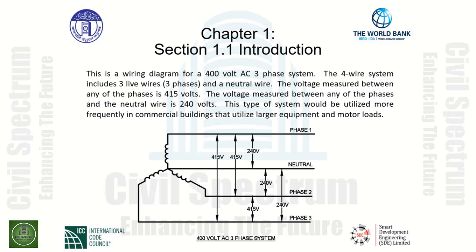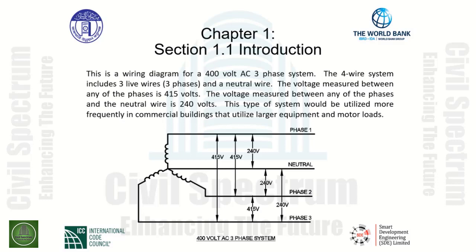The voltage measured between any of the phases in the neutral wire is 240 volts. As can be seen in the diagram, if we take a measurement between phase 1 and the neutral wire, the resulting difference is 240 volts. From phase 2 to the system neutral, again, 240 volts.